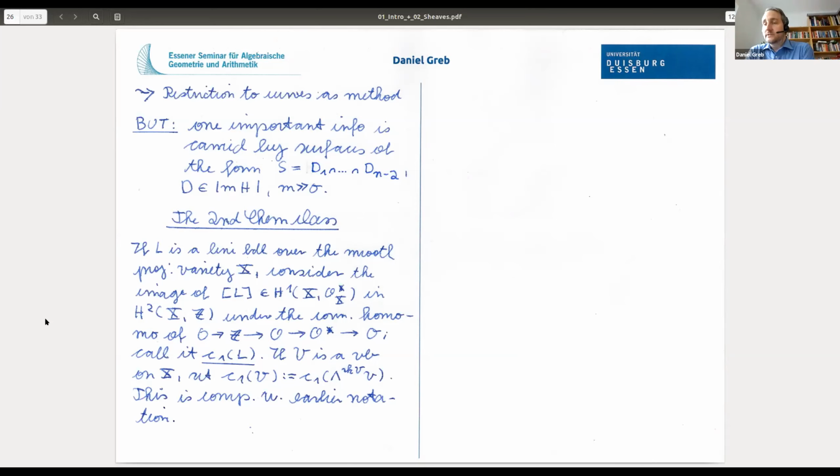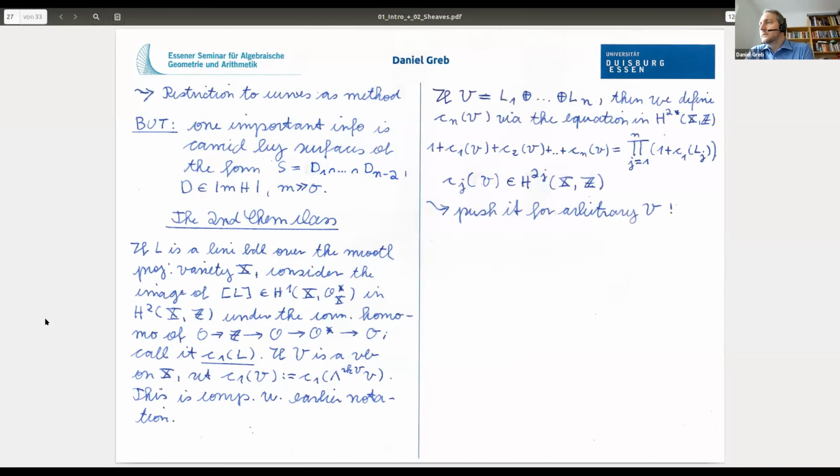If I apply this to the isomorphism class of a line bundle, this is called c_1(L). And if V is a vector bundle, the top exterior power is a line bundle, and I can apply this. This is compatible with the earlier notation where I wrote down an expression of the form c_1(F) intersected H^(n-1). And if my vector bundle is a direct sum of line bundles, then I can define higher Chern classes via the following formal equation.